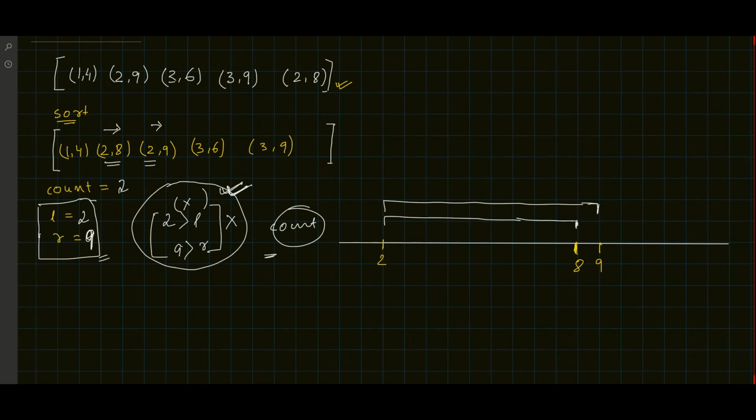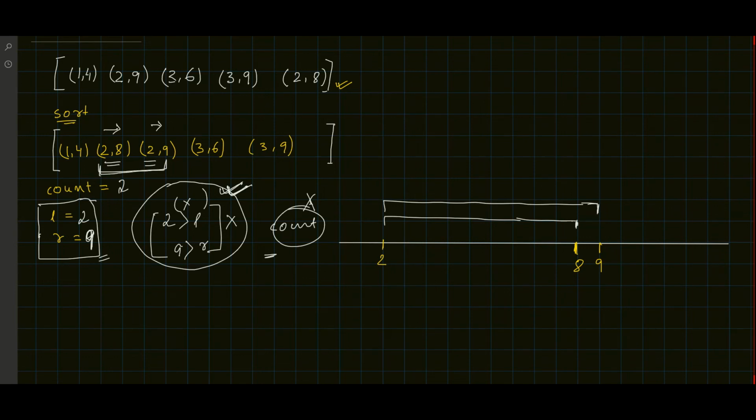But if this condition does not satisfy, then we won't increment the count, but we'll just update the value of right, not left. Left won't be needed because, as you can see, all these elements will be sorted already.